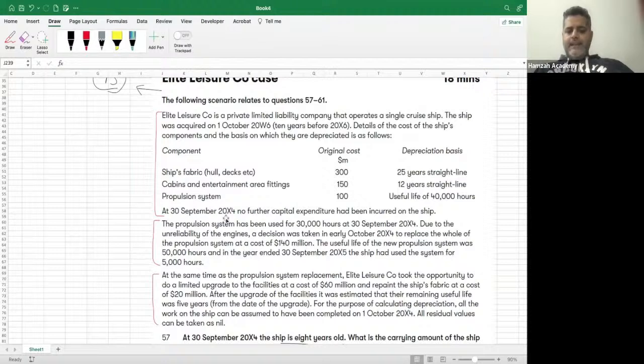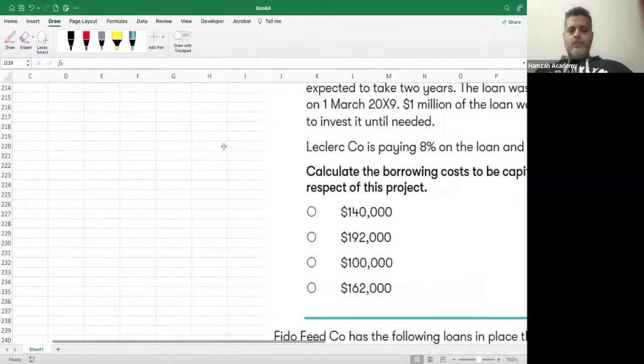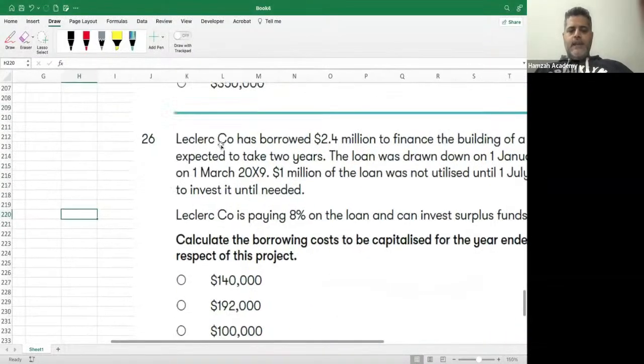Then it says at 30th September 20X4, no further capital expenditure had been incurred on the ship. So till 30th September 20X4, no capital expenditure had been incurred on the ship. What does it mean?